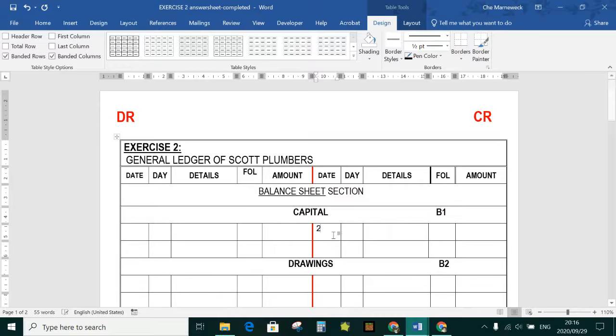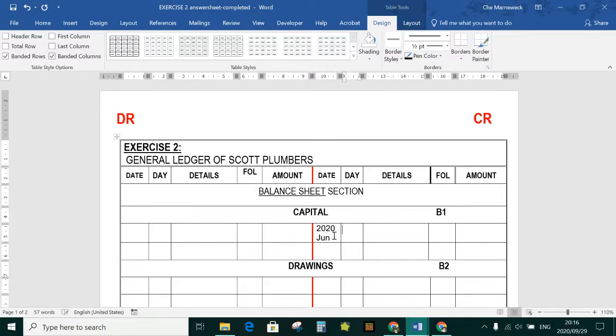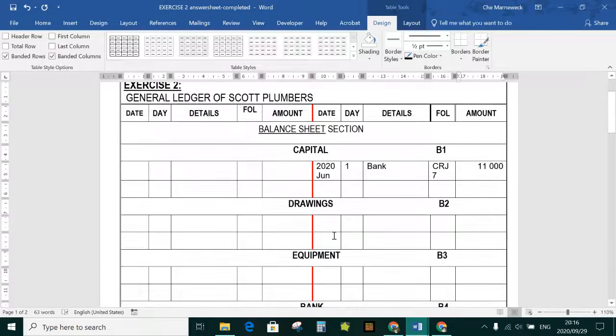We fill in 2020, June the 1st. What is the partner account for capital? Where was that money placed when we received it? Into our bank accounts. What is our journal code? CRJ7. How much did we receive? We received 11,000 Rand from the owner invested in the business.